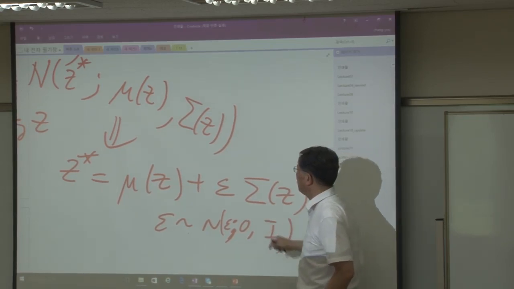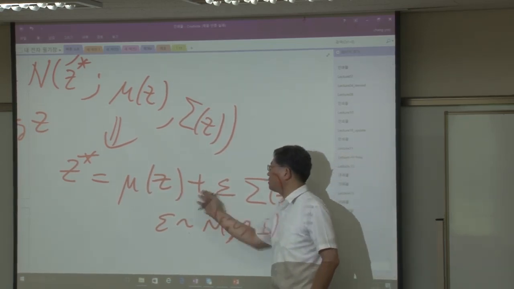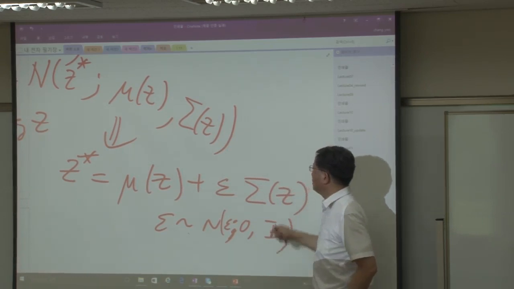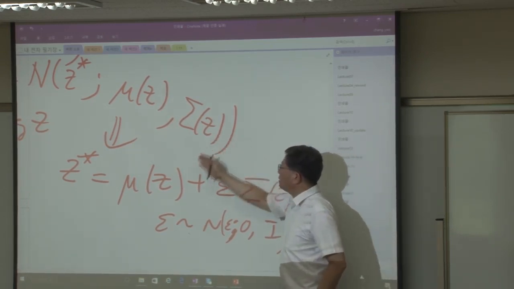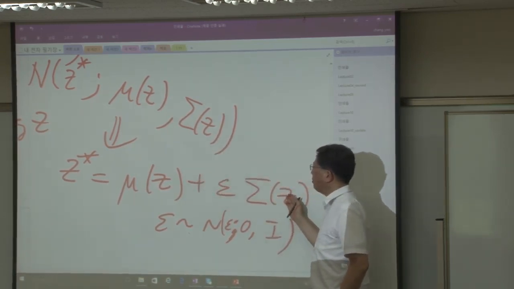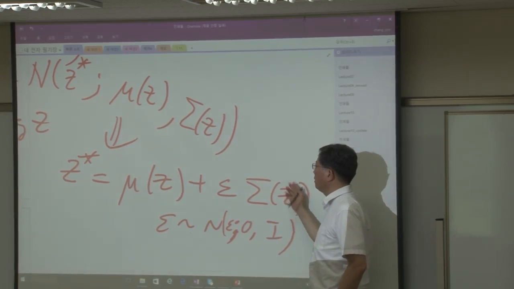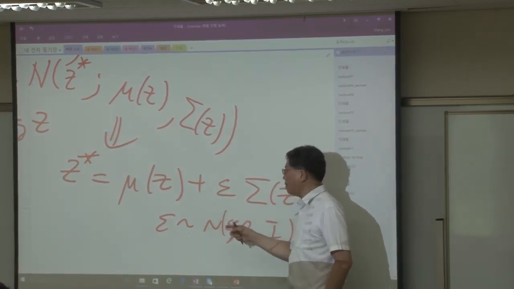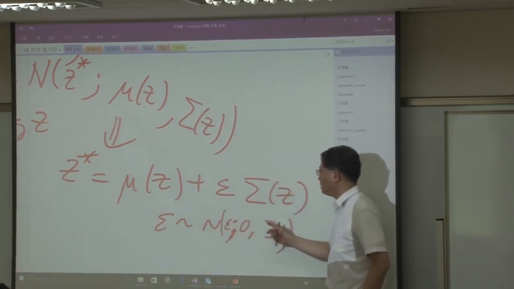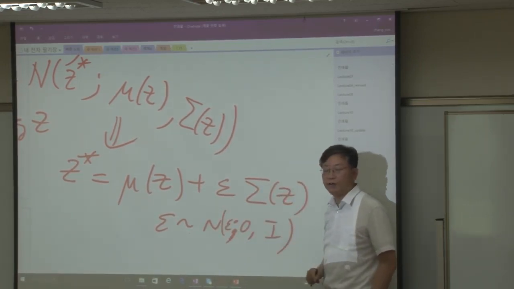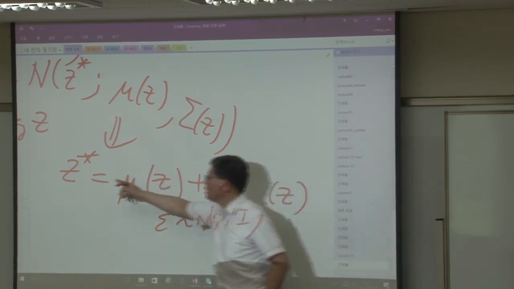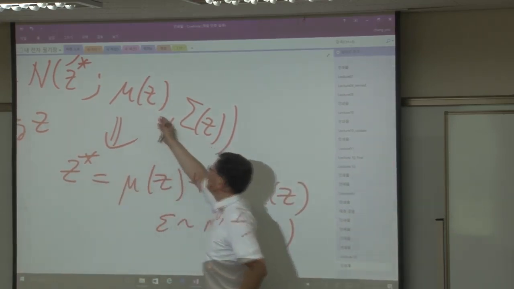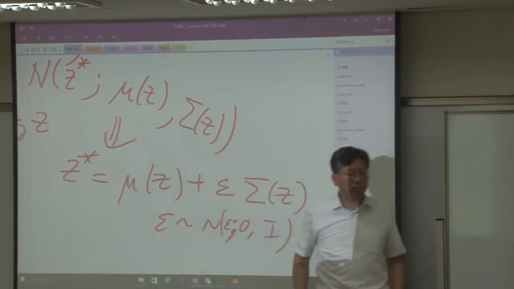Sometimes these might be a vector. So putting in z here and here defines this. You sample epsilon with zero mean and unit variance, and this z star will have this distribution.